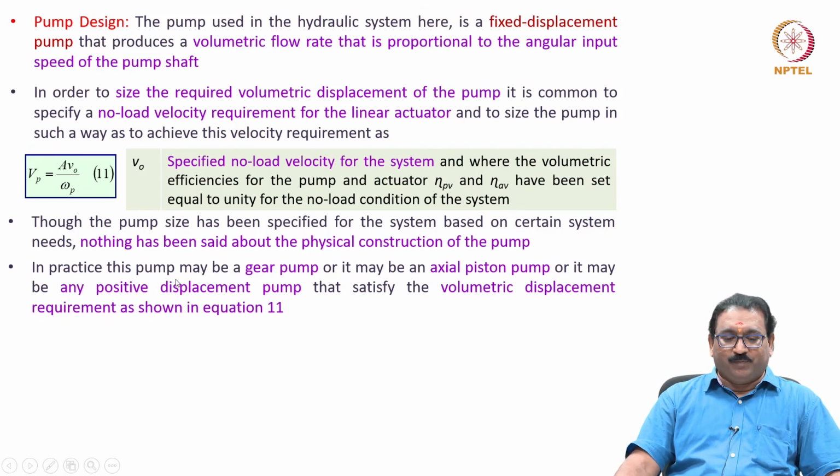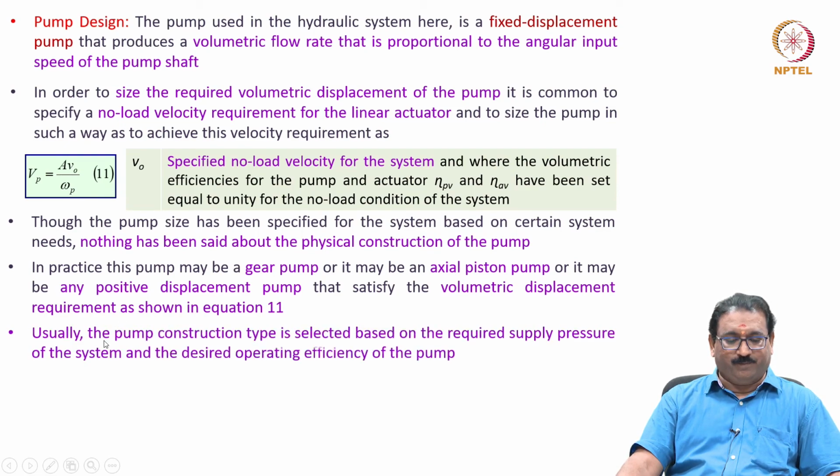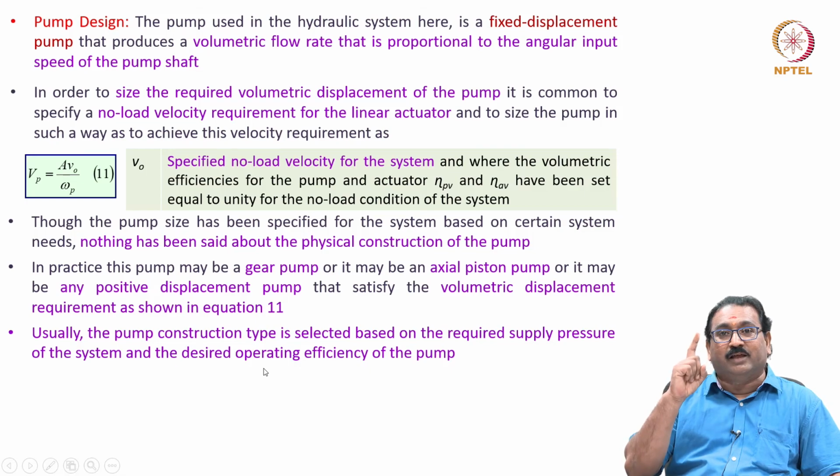In practice, this pump may be a gear pump, or an axial piston pump, or any positive displacement pump that satisfies the volumetric displacement requirement as shown in figure 11. Usually, the pump construction type is selected based on the required supply pressure of the system and the desired operating efficiency of the pump.